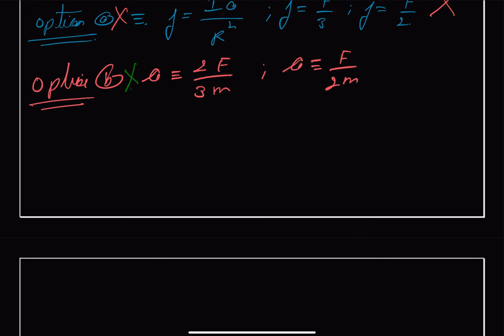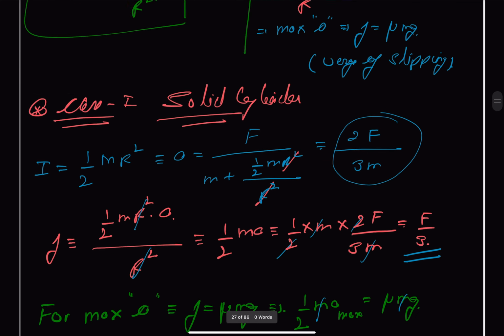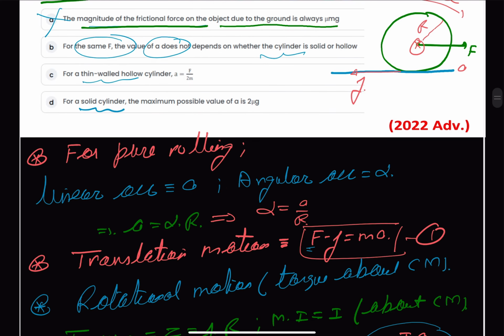Now we come to option C, and option C states that for thin wall cylinder, the frictional force is equal to F upon 2. Okay, and obviously we just calculated, so this option is correct. And for solid cylinder, the maximum possible value of A is 2 mu g, which we also calculated.